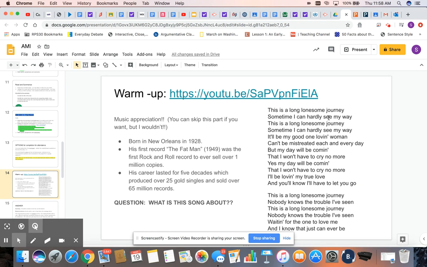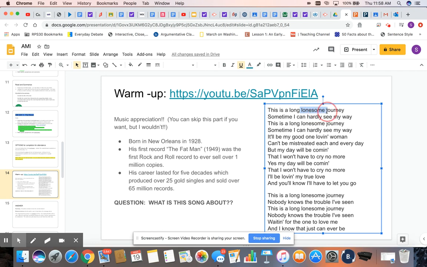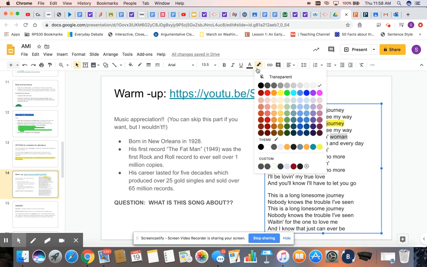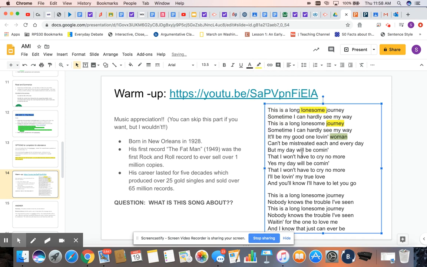So, looking at some of our details from the story, the word lonesome sort of indicates, maybe he might be sad. And it's a journey. Oh, that ties in with our topic. So he's traveling somewhere. It's something about a girl, always, isn't it? And he's sad about it.